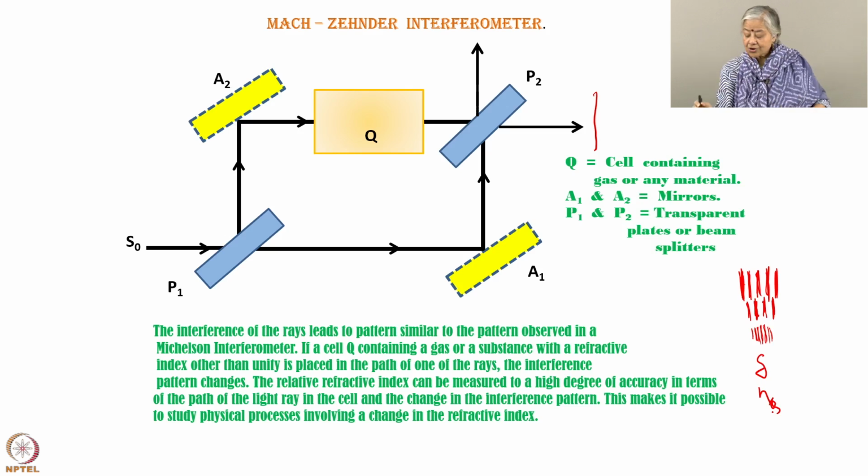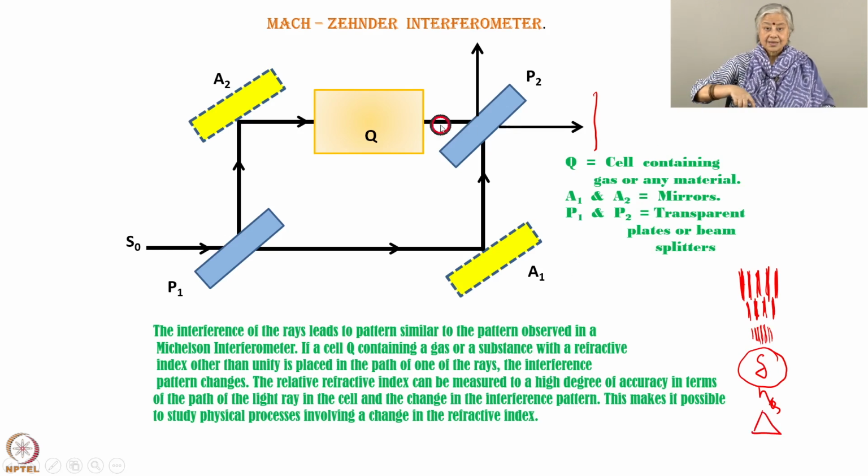So, basically you are recording the interference pattern, and from that you are judging what is delta, the phase change. From that you can judge what is the path difference between the two rays, okay. And from that you are getting many of the properties inside this Q cell.